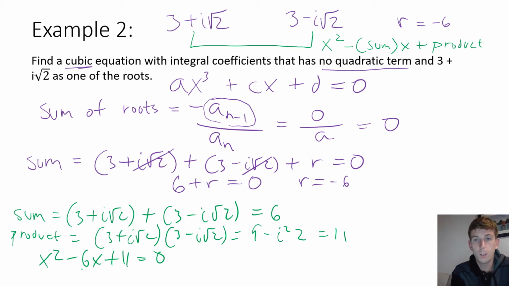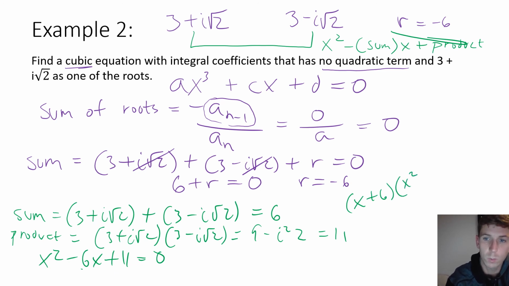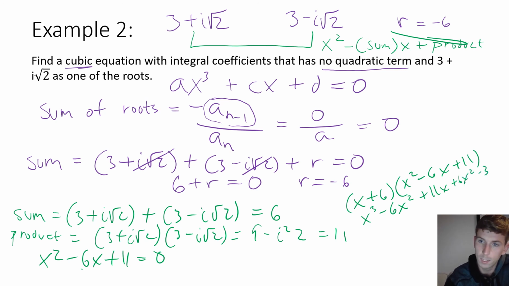And so all we've got to do to figure out the cubic is use this last root, negative 6, and just multiply through. So we'll have x plus 6 times x squared minus 6x plus 11. Let's just FOIL this through here. We'll have x cubed minus 6x squared plus 11x plus 6x squared minus 36x plus 66.